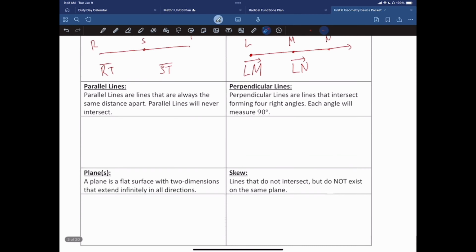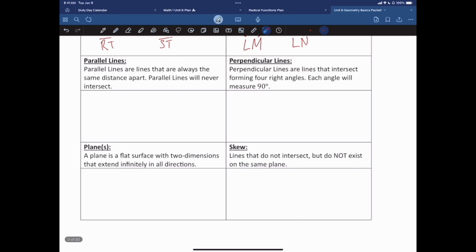All right, so some more vocab. We have parallel lines and perpendicular lines. So parallel lines are just lines that are always the same distance apart, and they never intersect. So it's going to look something like this. We have 2 lines here. We'll call this one AB, and this is going to be XY.